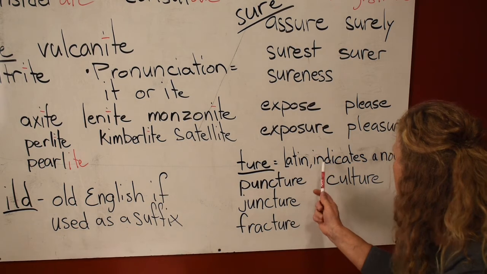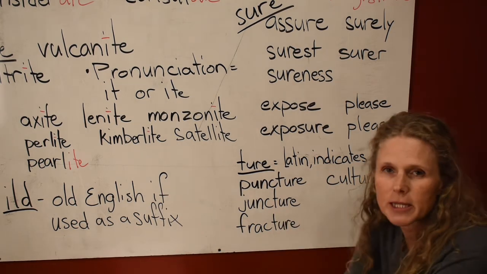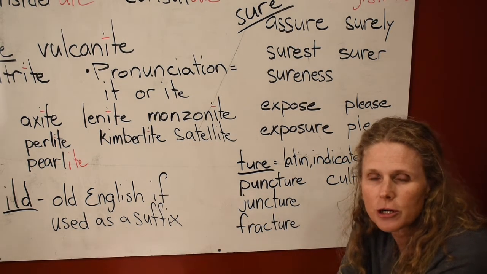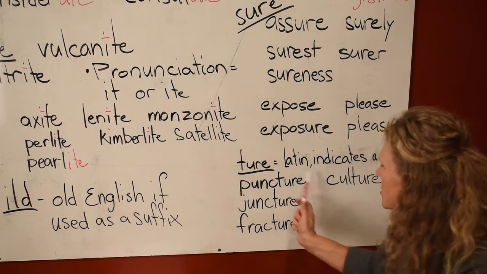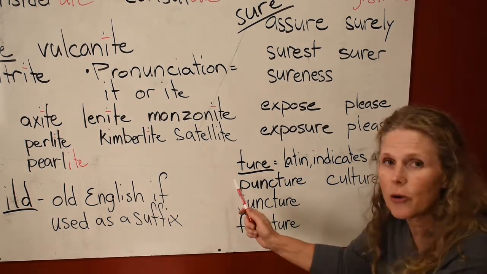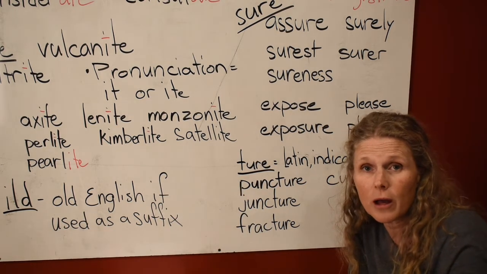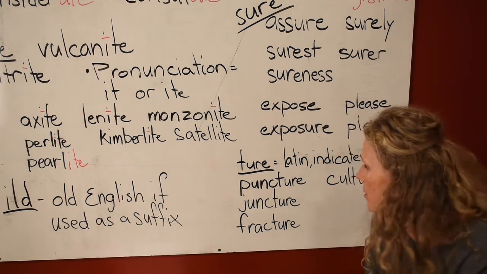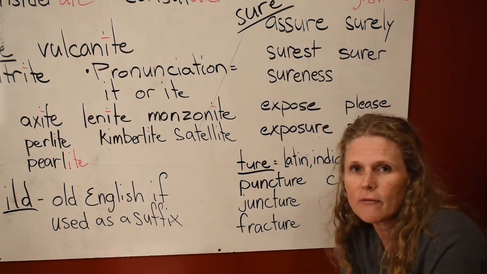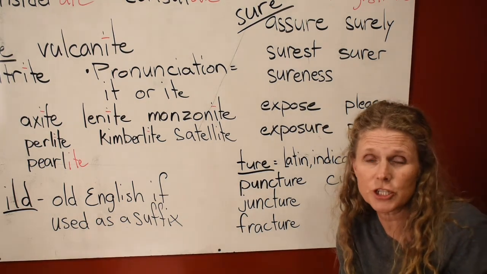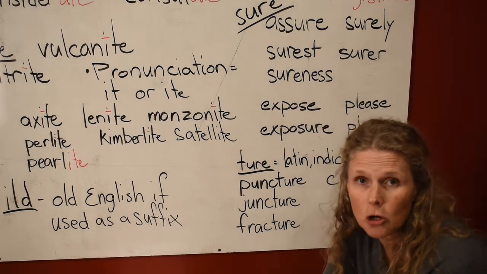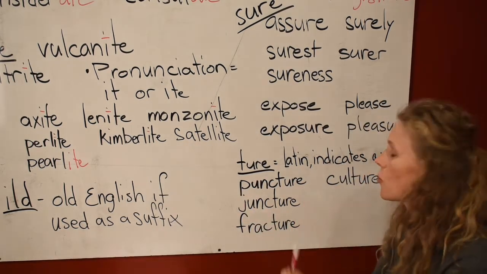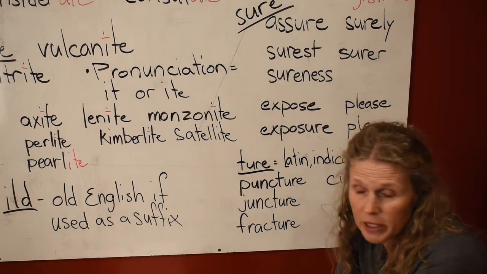It's really interesting right here. It indicates a noun. So look at this. So the puncture of the wound was deep. So see how that is a noun? You have your article, the, and an are all your articles, the puncture. If you have an article, which are also adjectives, then you know you have a noun sitting somewhere close by that is going to be being described.